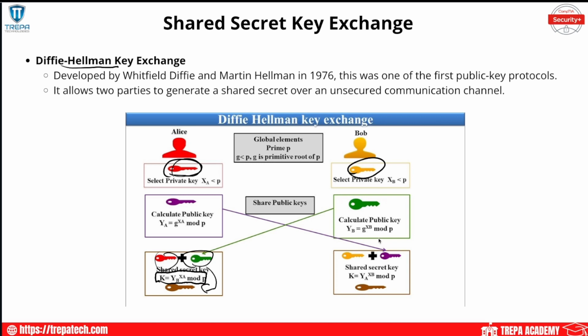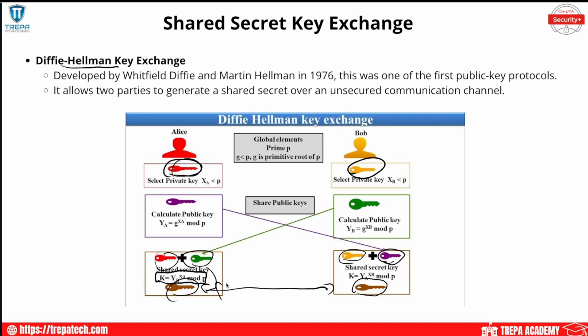Bob does the same thing: he uses his private key and combines it with Alice's public key to create a single shared key. Through the wizardry of the Diffie-Hellman algorithm and key exchange, those two keys are mathematically related.